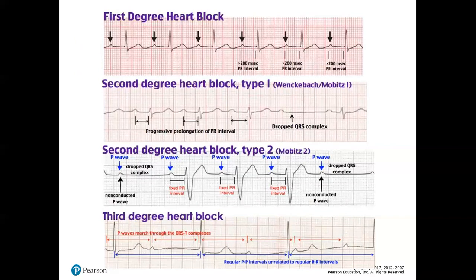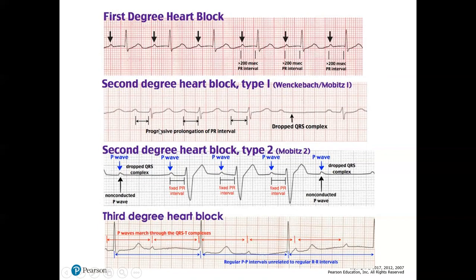And here we're looking at all of them together to compare. So if you look at your first degree, look at your PR interval. There's your P wave. Here's your interval, and then here's your QRS. Okay, so right in here, if you look at your PR intervals, they're prolonged.